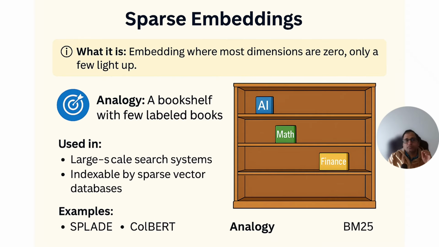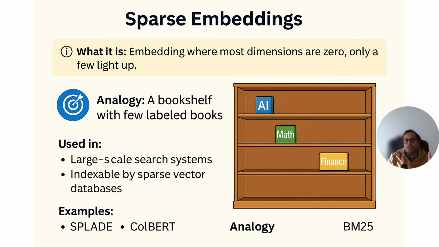The other type of embedding is sparse embedding, a completely different approach. These embeddings are mostly zero, with only a few dimensions lighting up, representing the most relevant concepts for a given input. You can think of it like a bookshelf with just a few labeled books, maybe AI, math and finance.